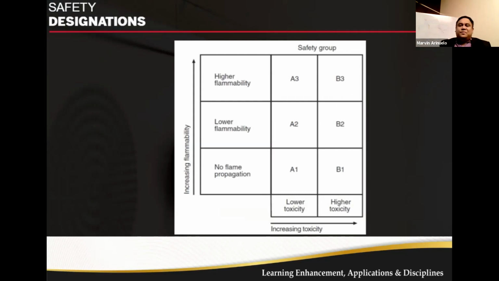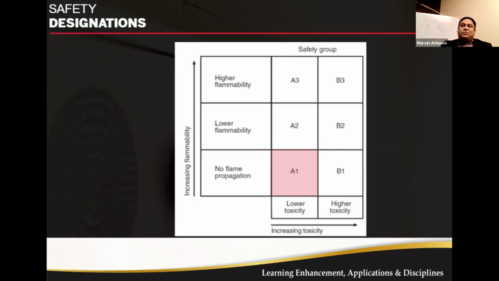There is an alphanumeric character, with the capital letter indicating toxicity and the number indicating flammability. So B is a more toxic level than A, and 3 is more flammable than 1. For example, A1 will have the lowest flammability and toxicity.